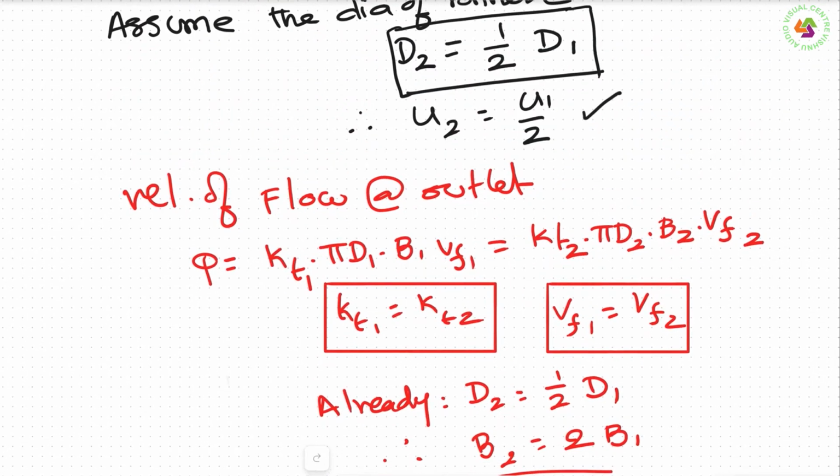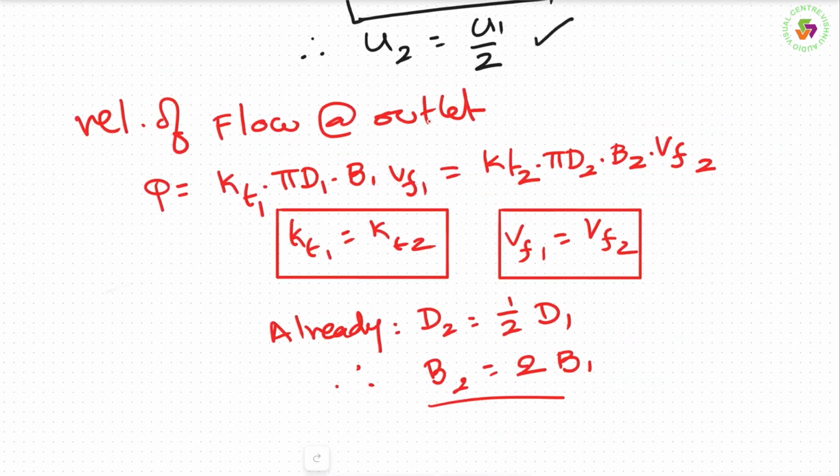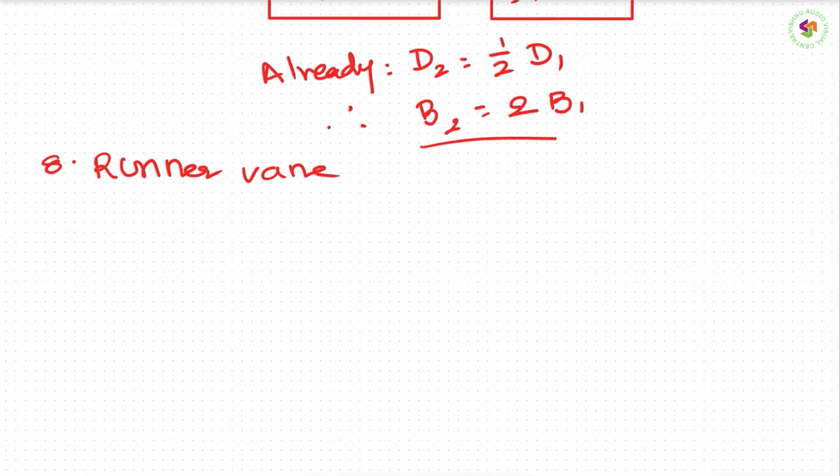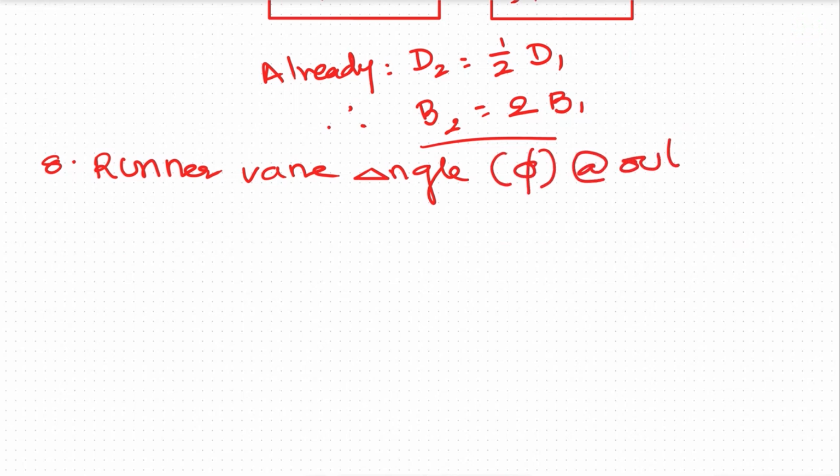So knowing this, let us go to the last point. The eighth one is the runner vane angle, the runner vane angle phi at outlet. For that, we draw the outlet velocity triangle.